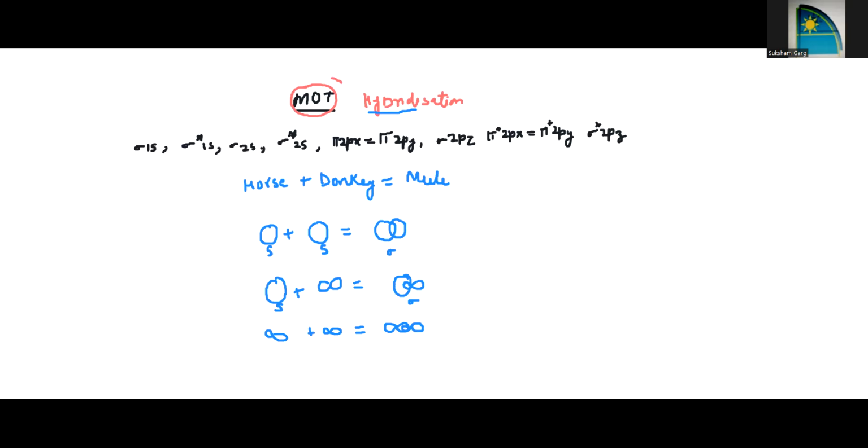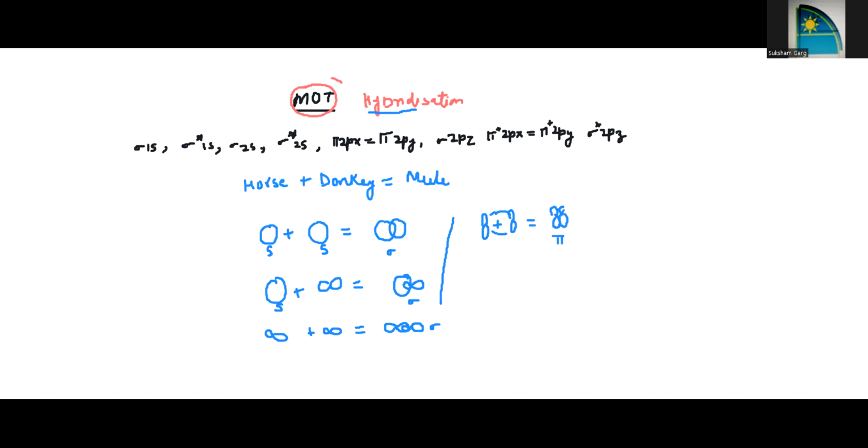So these three will form sigma bonds, but if one p orbital and another p orbital mix in this sideways way, the extent of bonding is very small, so the bond will be called a pi bond.